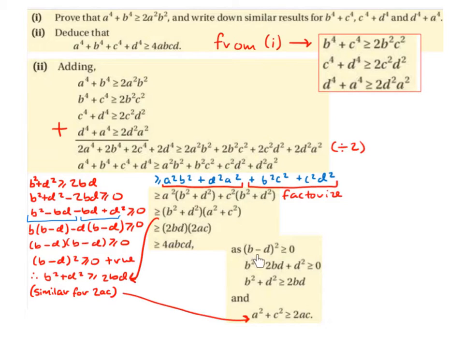Multiplying this out, we get b squared minus 2bd plus d squared, which is what we had up here. And rearranging it, bringing the minus 2bd over the equal sign, we get b squared plus d squared is greater or equal to 2bd, which is what we had at the very start. And it works similar for a squared plus c squared, giving us 2ac.